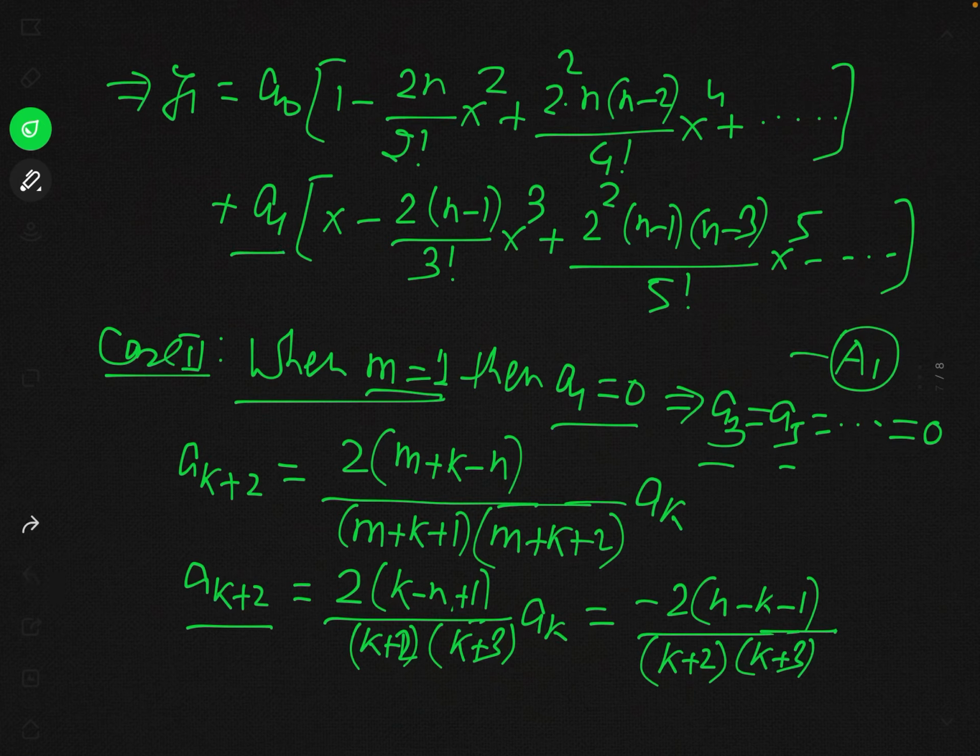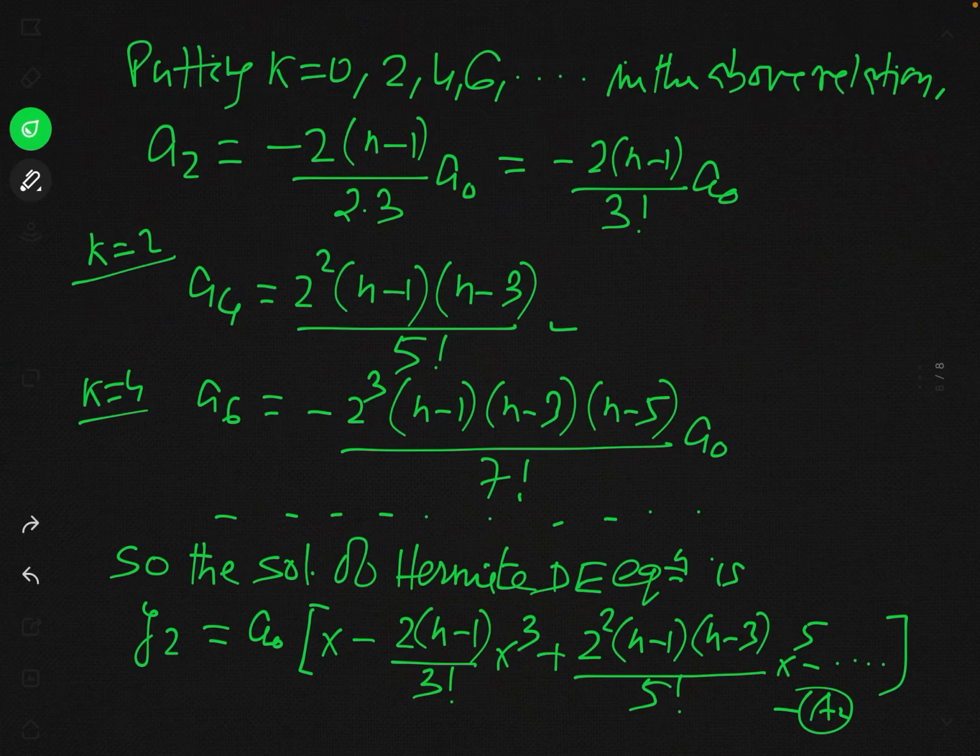If we replace this a1 by a naught, then this second part of the first solution is identical to the second solution which you have obtained in equation A2. So it is clear that the solution defined in equation A2 is included in the second part of the solution A1, except that a naught is replaced by a1.